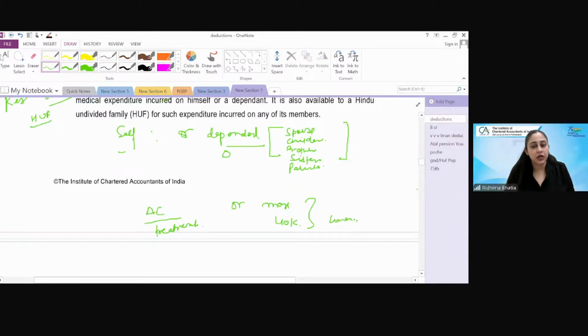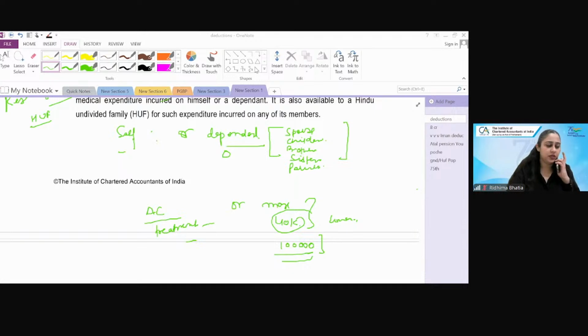But this limit of 40,000 would be increased to 1 lakh if the person who is getting treated is a senior citizen. If the person who is getting treated is a senior citizen, then this 40,000 gets increased to 1 lakh.